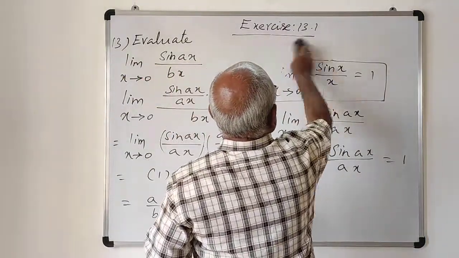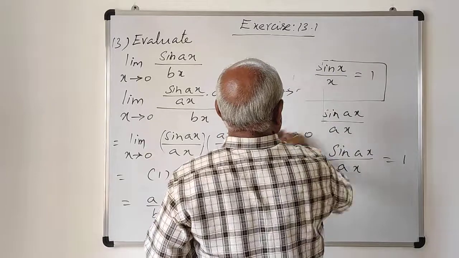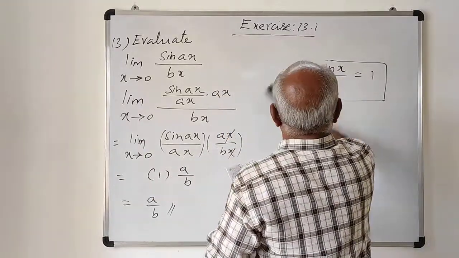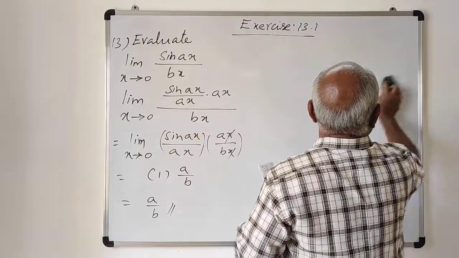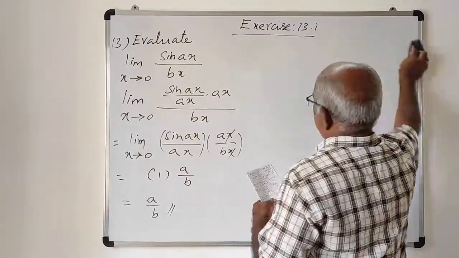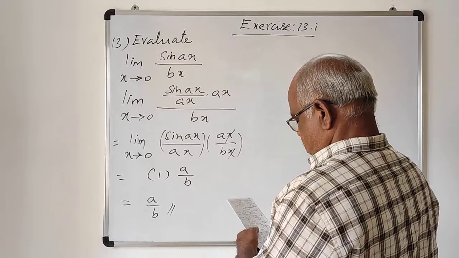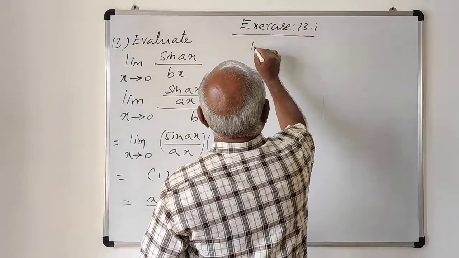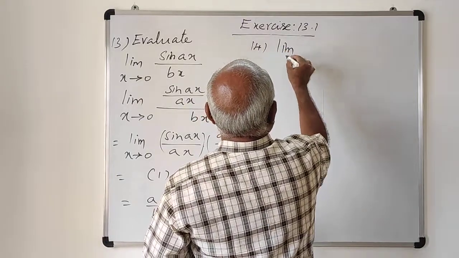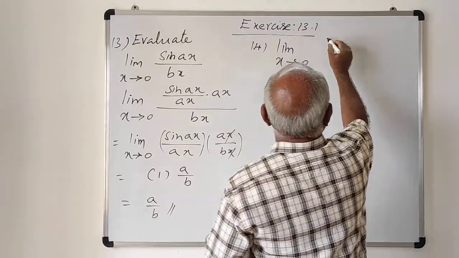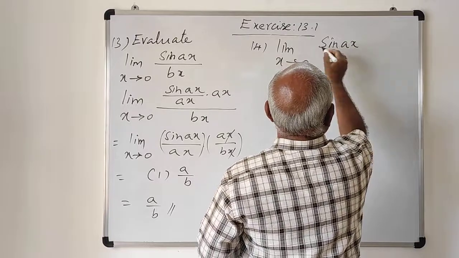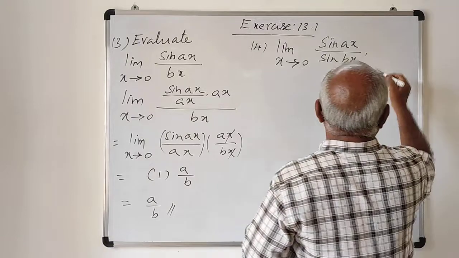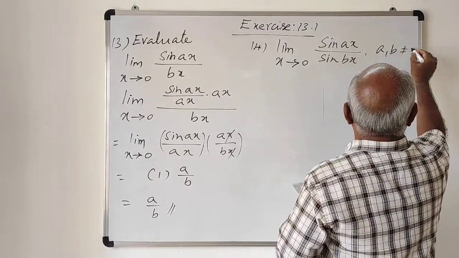Next problem. Problem 14: limit x tends to 0, sin ax by sin bx, where a, b are not equal to 0.